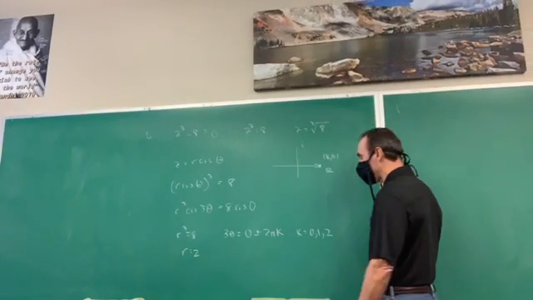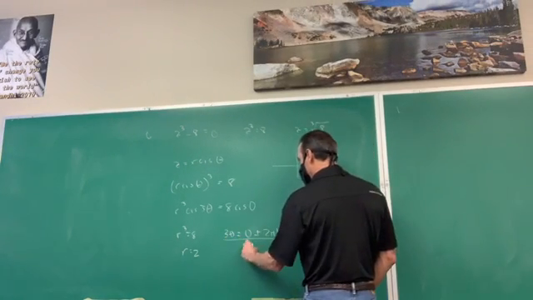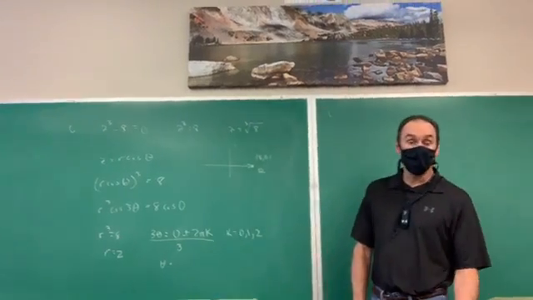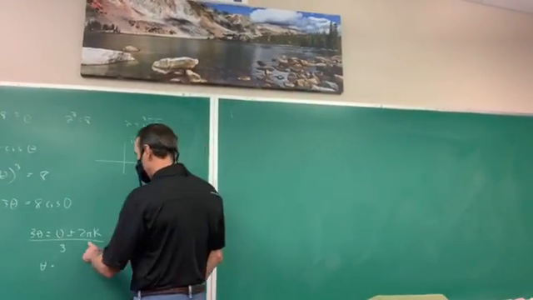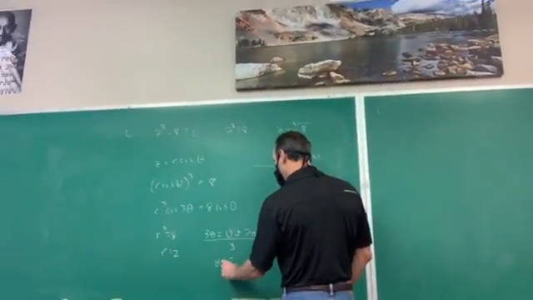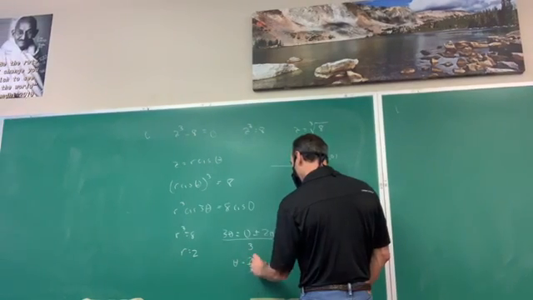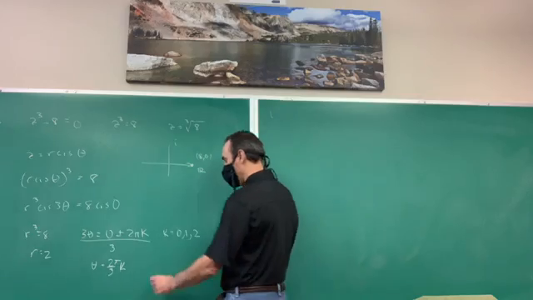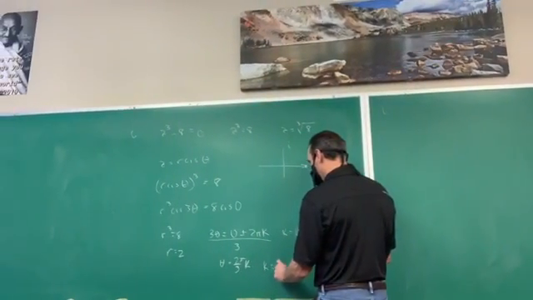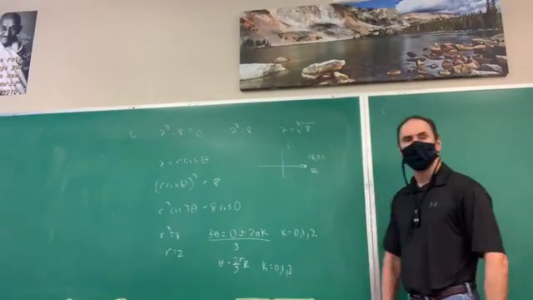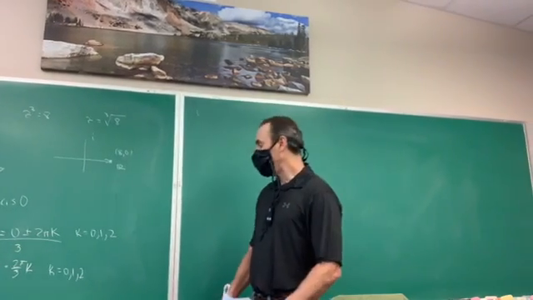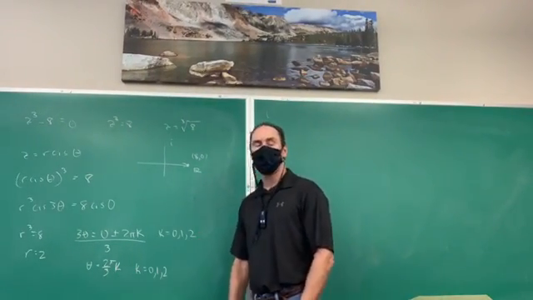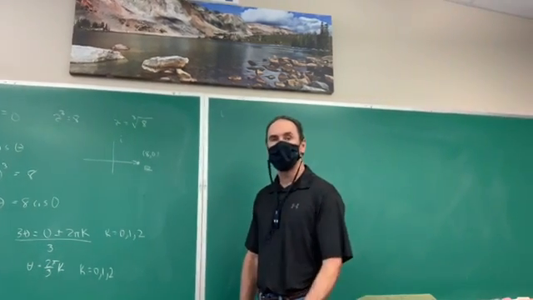And we divide through by the 3, and so we'll get our theta is going to be 0, and then 2 pi over 3 times k is the way I'd like to think of that. K going again from 0 to 1 to 2. And so the different values of k giving us the different multiples of 2 pi over 3 are going to give us the different actual numbers.